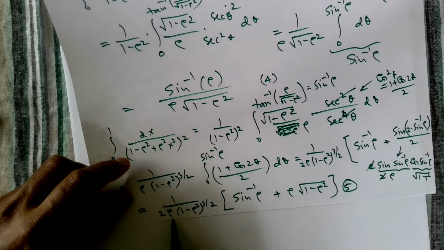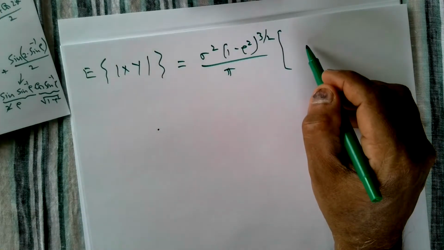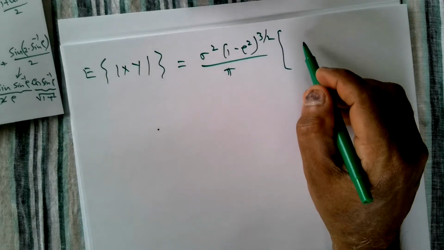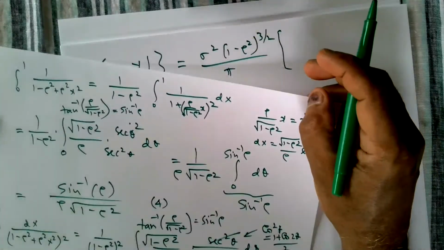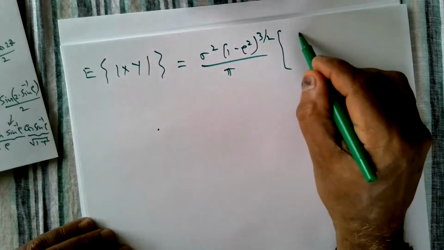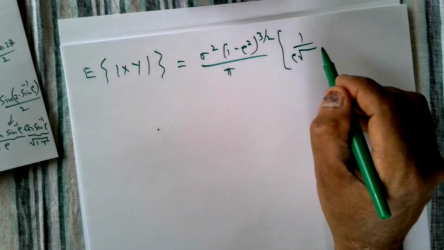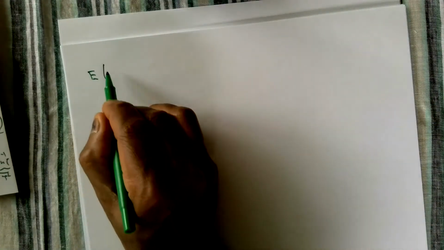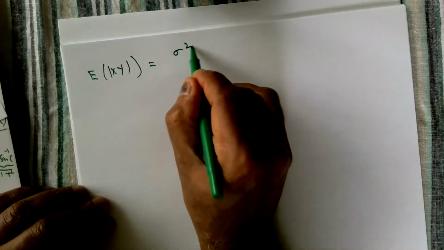So that's going to be simply 1 over rho, expected value of absolute value of xy, sigma squared.